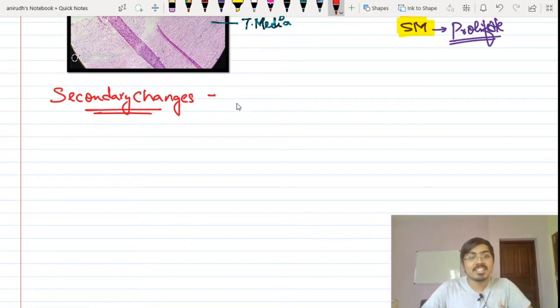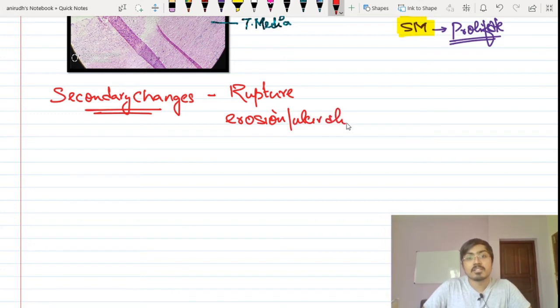Acute plaque changes include rupture of the plaque, which is a very common possibility. Then we can have erosion or ulceration of the plaque, which can be detrimental. And hemorrhage into the plaque is another important secondary change.